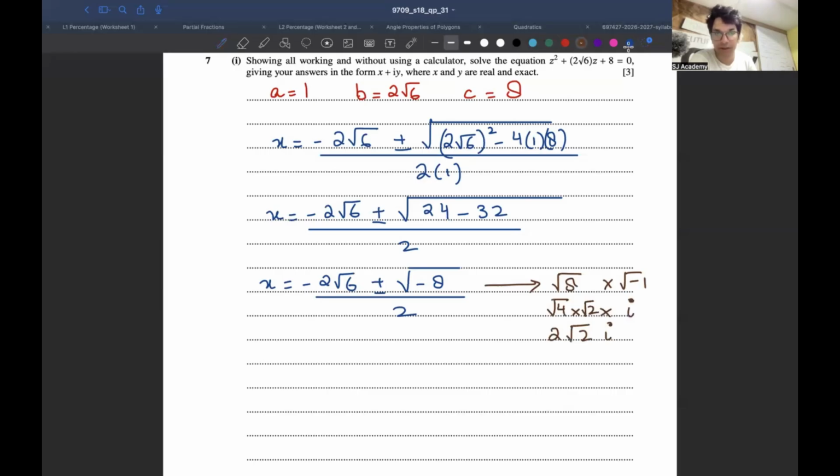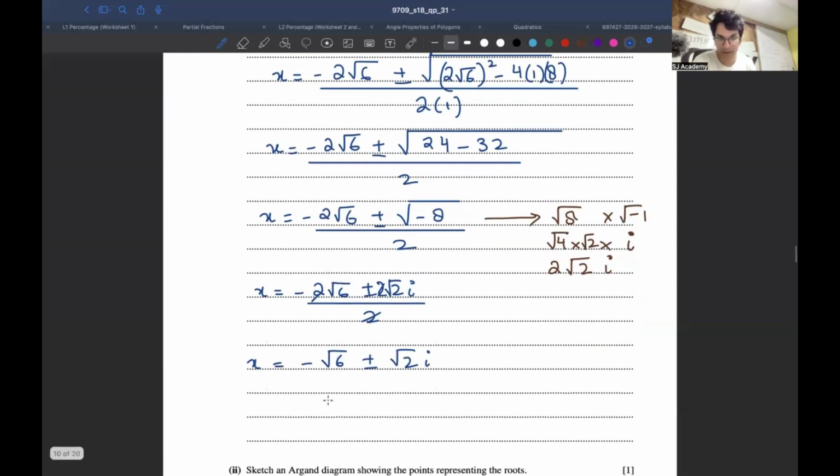This will now be written as x equals minus 2 root 6 plus minus 2 root 2 iota divided by 2. The 2 in the denominator will cancel out with the numerator. So we'll get minus root 6 plus minus root 2 iota. The two roots we can write separately as minus root 6 plus root 2 iota, and the second answer is minus root 6 minus root 2 iota.